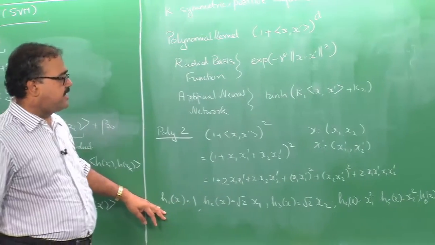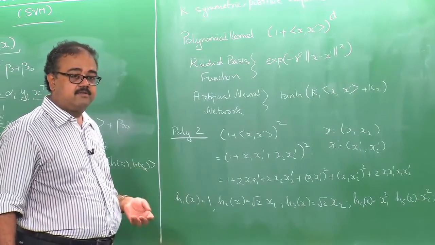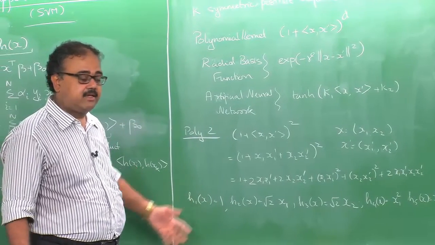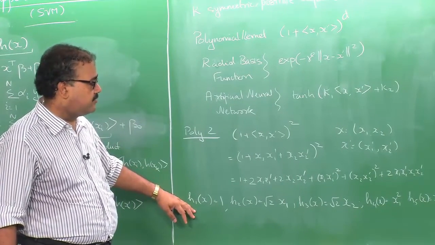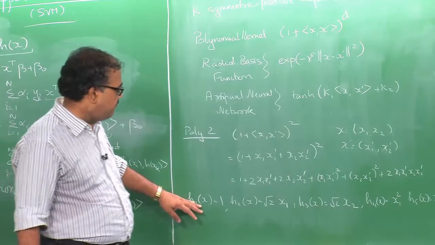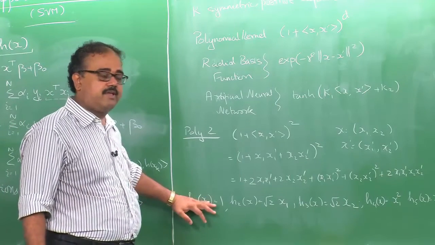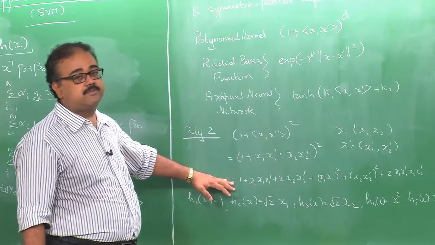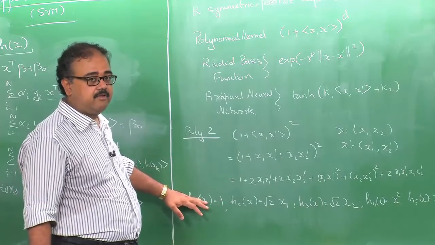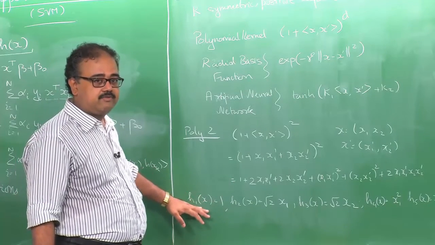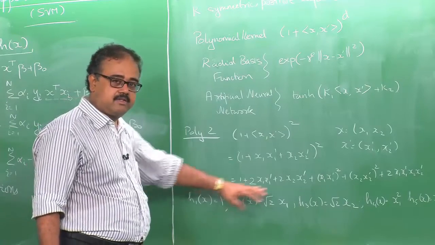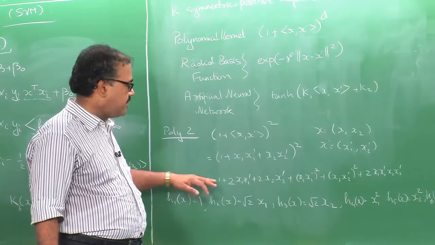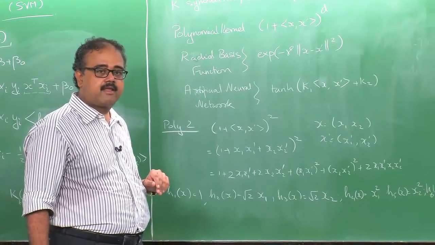So, if you imagine that I transformed my original 2-dimensional representation into a 6-dimensional representation, it is essentially taking all the second order terms along with the original terms. Now if I take the inner product of h of x and h of x prime, the entire 6-dimensional vectors, I will exactly end up with this expression.